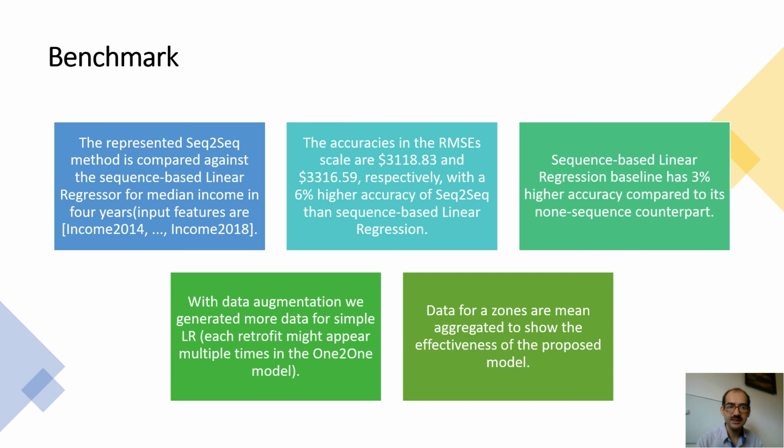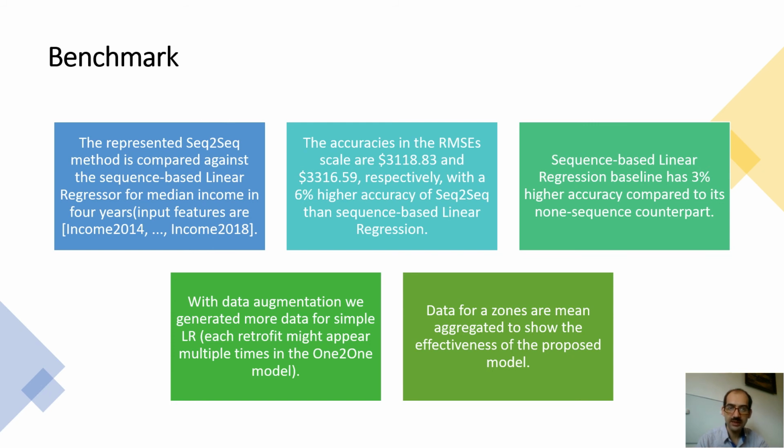The represented seq-to-seq model is compared against sequential linear regression based on the income level for different zones. The RMSE is about 3100 for the seq-to-seq model, and 3300 for sequential linear regression.